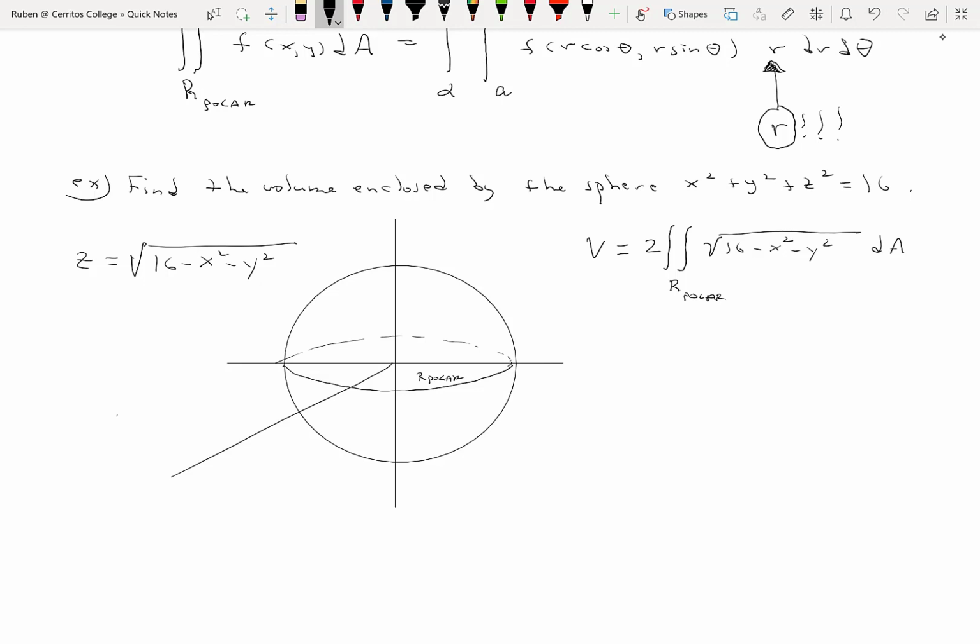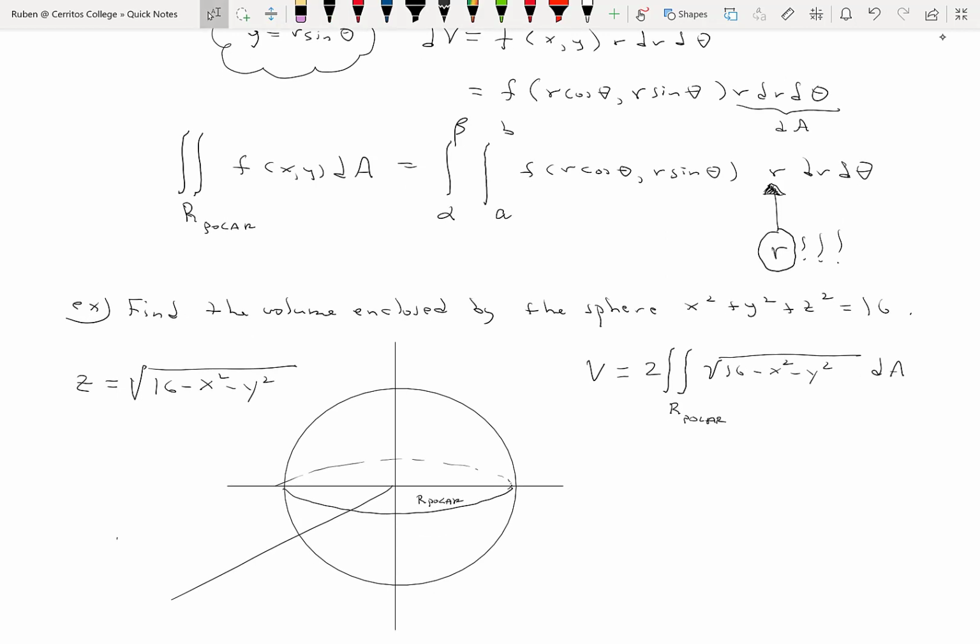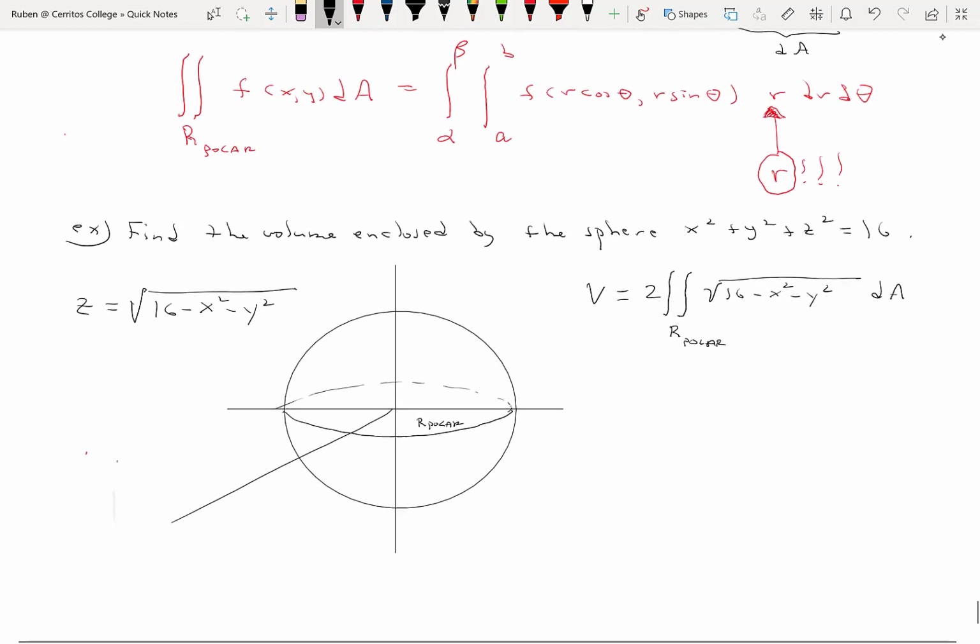So we're going to use our formula just above here, and I'll highlight it in red. Our formula says that all we need to do is look at the region in the xy plane, or in the polar plane, to get our limits of integration.